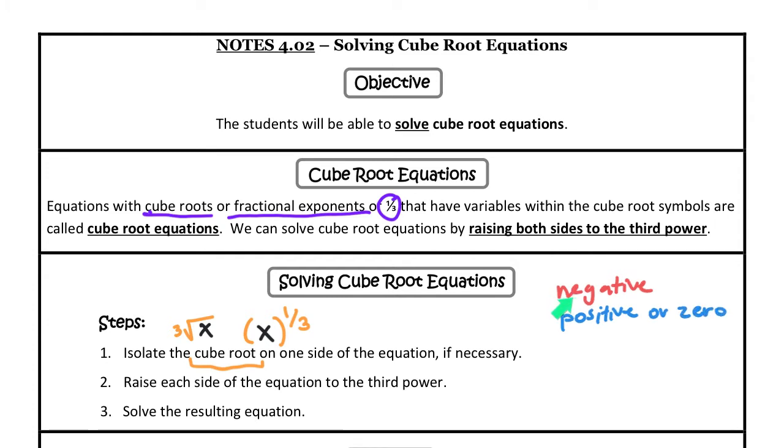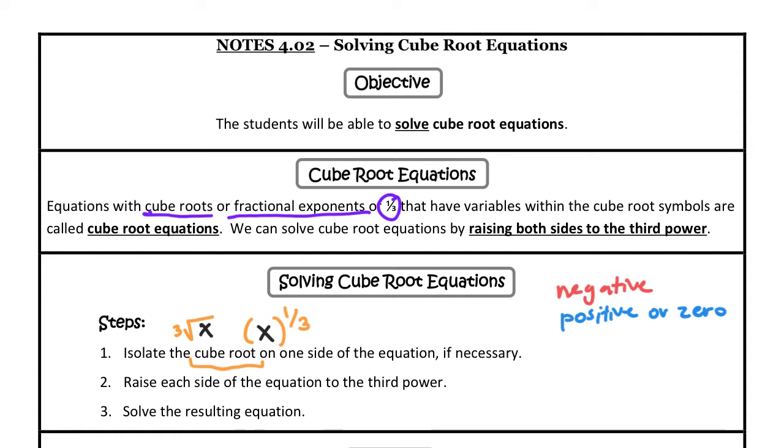Negative meant there's no solution, and positive or 0 meant there's a possible solution. But now for cube roots, it doesn't matter if it's positive, negative, or 0. All these situations have a possible solution. And again, this is only for cube roots.